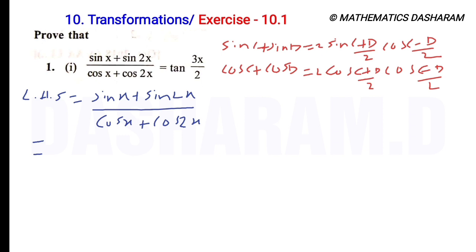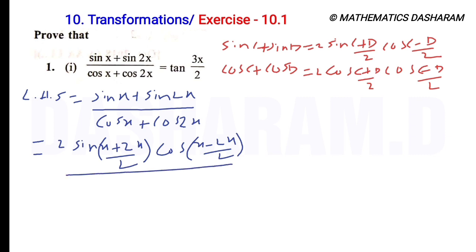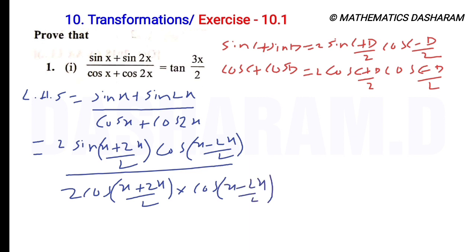So the numerator will become 2 sin((x + 2x)/2) into cos((x - 2x)/2), divided by the denominator 2 cos((x + 2x)/2) into cos((x - 2x)/2).